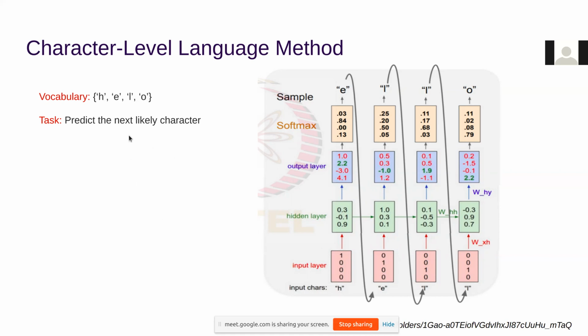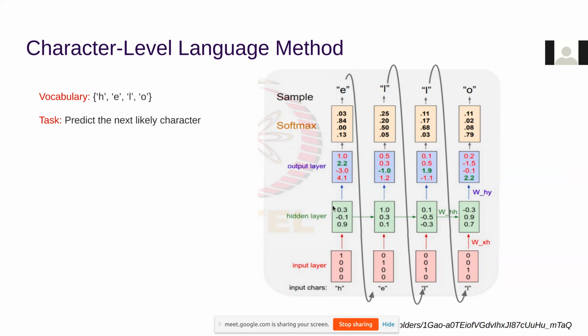Let's also assume that H is given the index 0, E the index 1, L the index 2, and O the index 3 in this vector. For encoding H as a one-hot vector, it is represented using this 4-dimensional vector with 1 at the 0th index, indicating the input character is H. Once we get this input, there is a hidden layer: 0.3, minus 0.1 and 0.9.